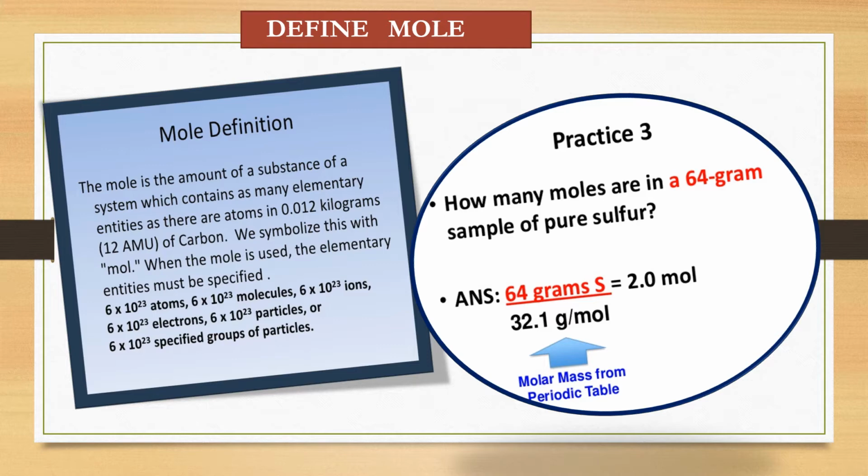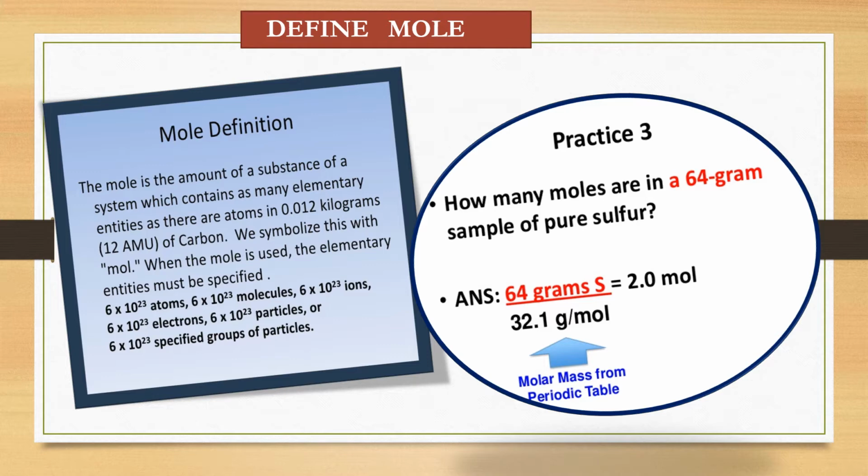What is mole? The mole is the amount of a substance of a system which contains as many elementary entities as there are atoms in 0.012 kilograms or 12 AMU, that means atomic mass unit, of carbon. We symbolize this with mol. When the mole is used, the elementary entities must be specified.